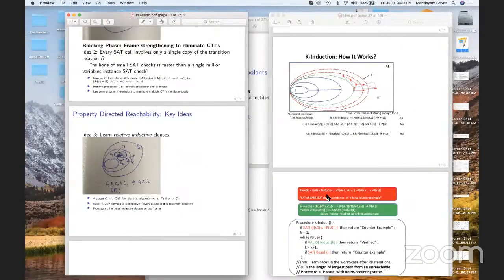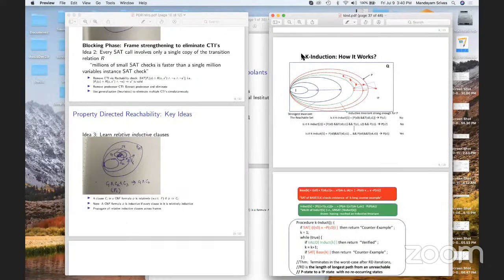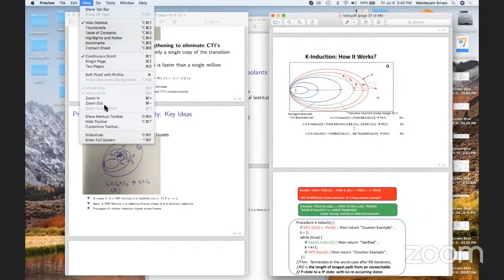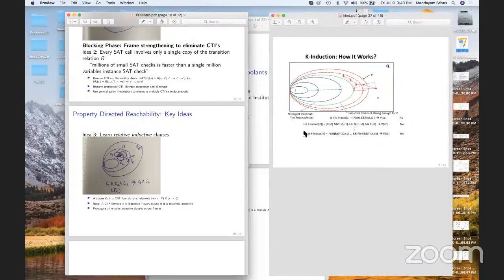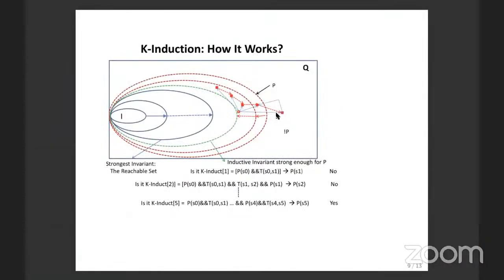So, like I pointed out, each inductiveness check at K really says that if I assume that all the things that take it away from a P state, from P into a not P in K steps, assuming that, is there one more step to check that.